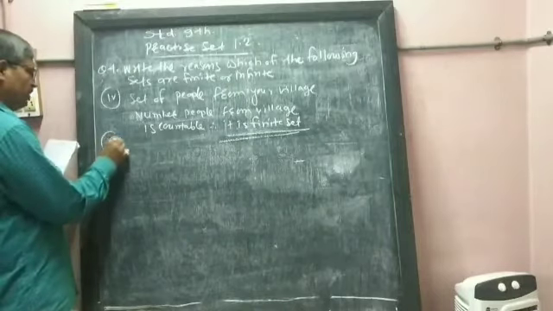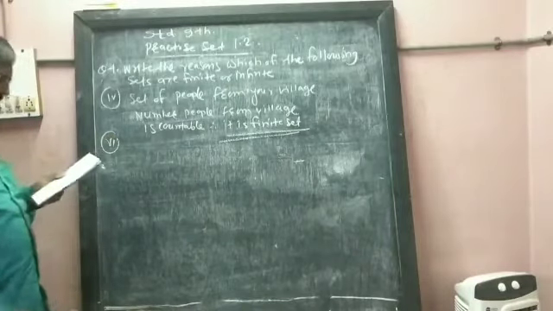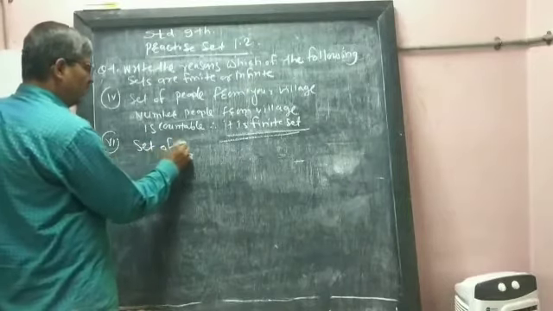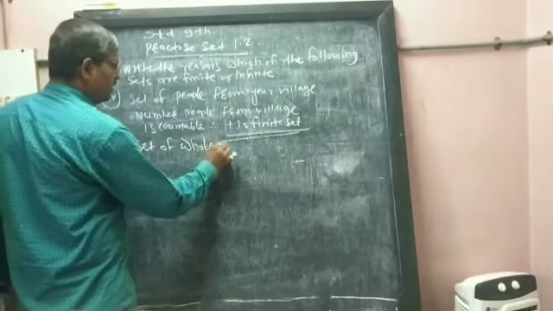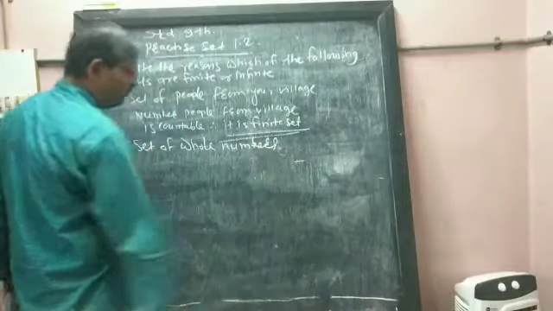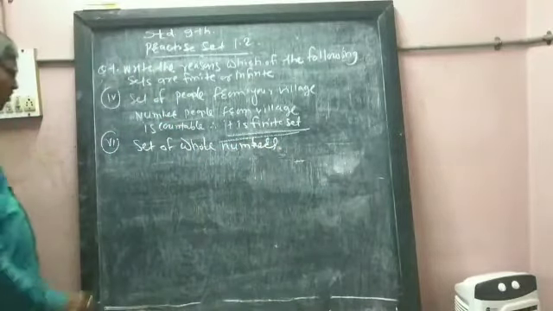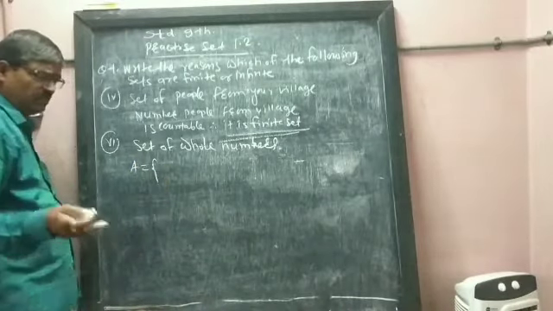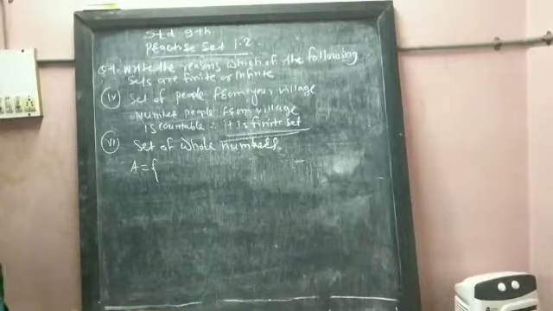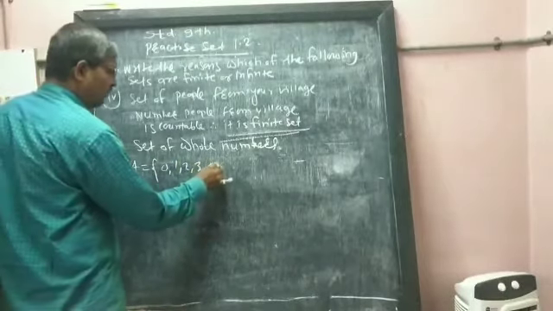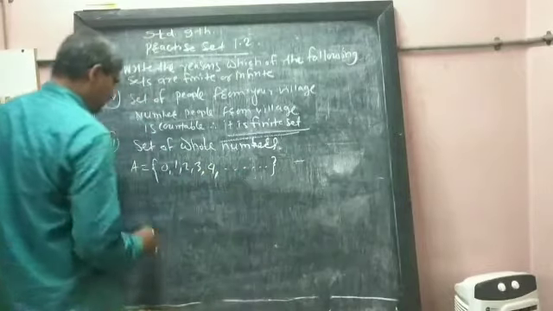Now the fifth number. Set of whole numbers. How many whole numbers are there? Start with 0, 1, 2, 3, 4, unlimited.